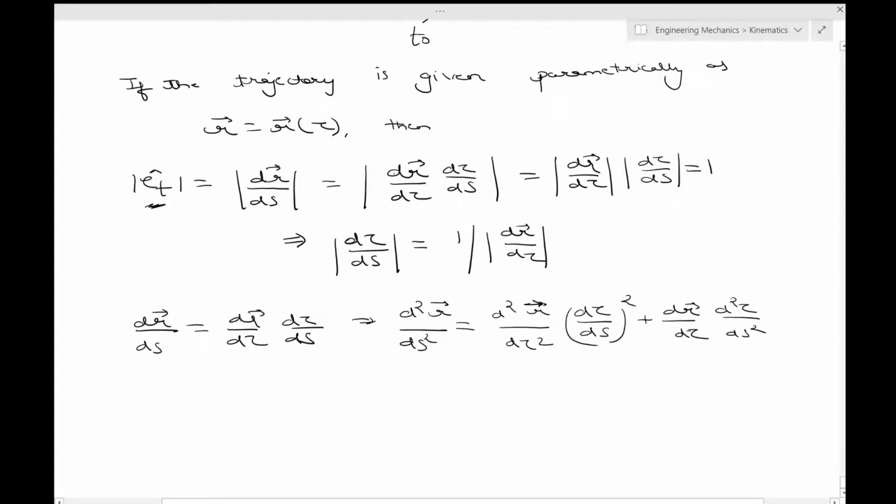Fine. So using this, you should be able to get this. Now using equation 1.23, where you have to find the radius of curvature, that is d2r by ds square, we have shown all this in 1.23. Please go back and check if there is a doubt.